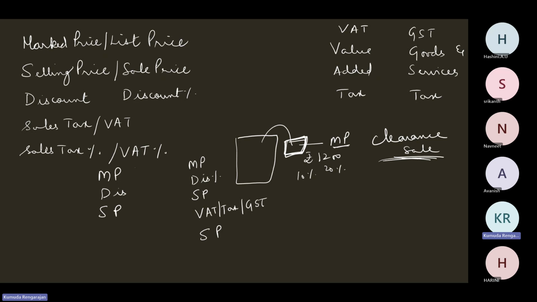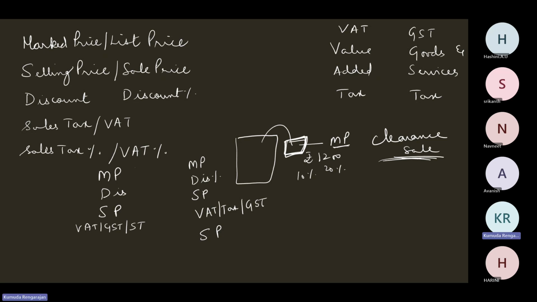Selling price will be less than the mark price because you got a discount. Now on the selling price, tax will be applied. Everything will be a percentage, so that percentage, VAT or GST or sales tax, whatever, will be applied on the selling price. That will increase the value of the selling price.